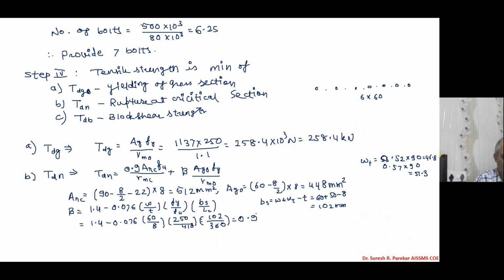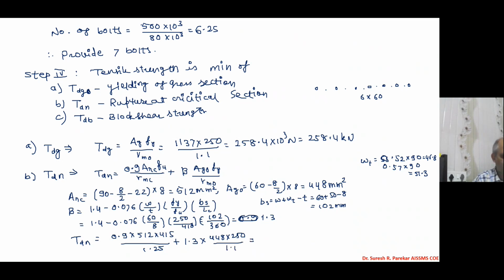And then we have TDN is equal to 0.9 AnC 512 Fu 410 upon 1.25 plus beta 1.3 AgO 448 into 250 upon 1.1.